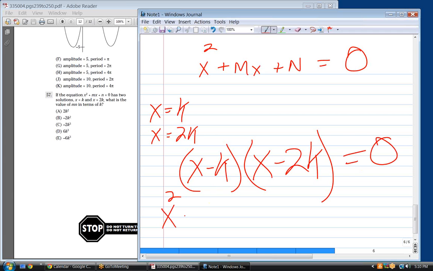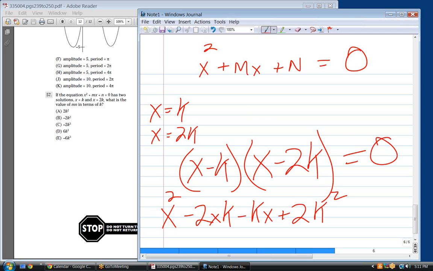Let's see. So it's x squared minus 3kx plus 2k squared. I kind of skipped the middle.